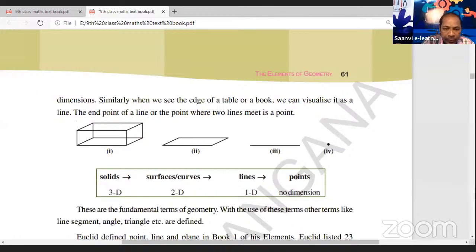We know that the cuboid has 3 dimensions: length, breadth, height. If we remove one dimension, it has only length and breadth. If we remove one more dimension, it has only length. If we remove that dimension also, it has only a point.